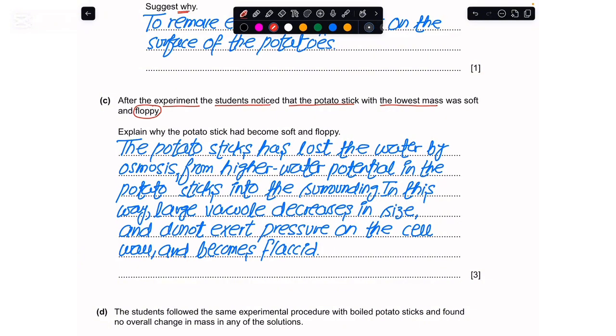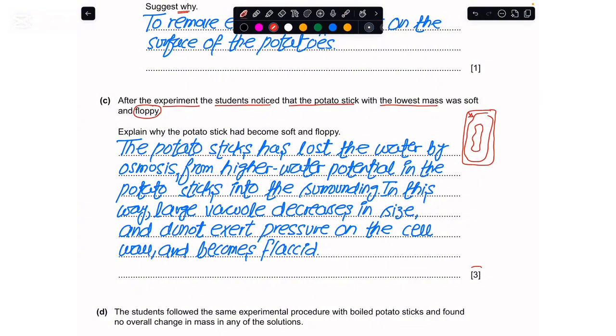The water has gone out of them into the surrounding solution, and as a result their large vacuole decreases in size, and their cytoplasm also decreases in volume. The cell membrane pulls away from the cell wall, and the cytoplasm and the large vacuole are no longer exerting pressure on the cell wall, so the cells do not appear turgid, but rather they become soft and floppy.